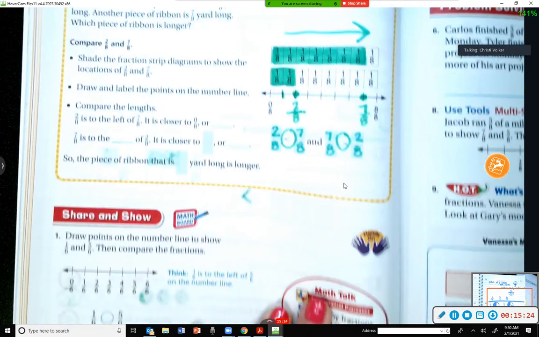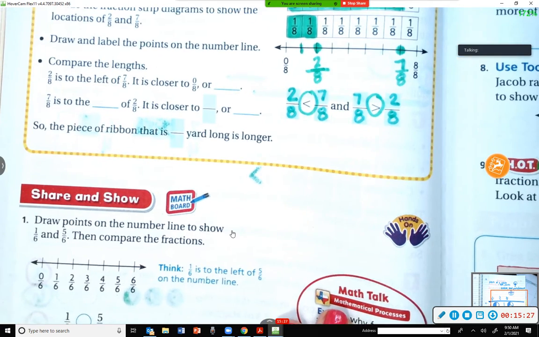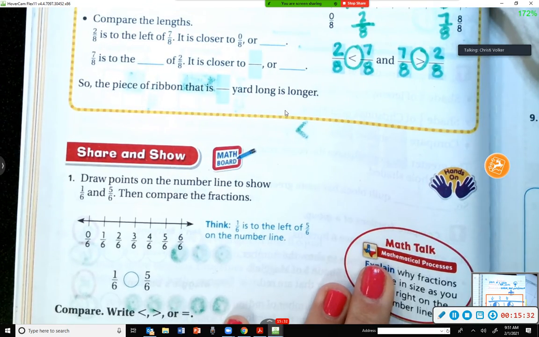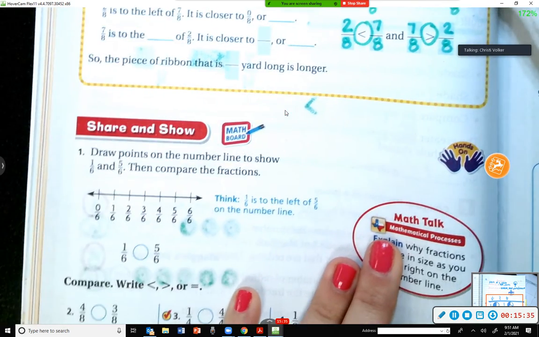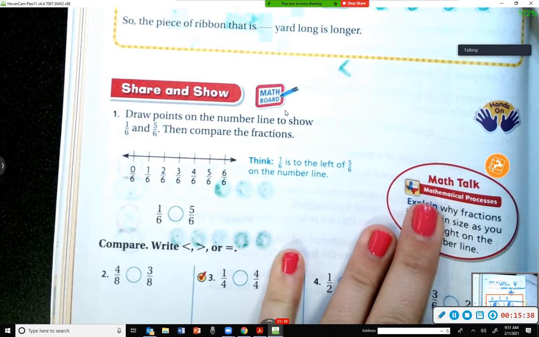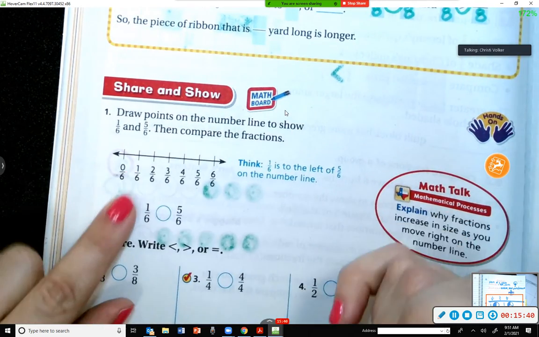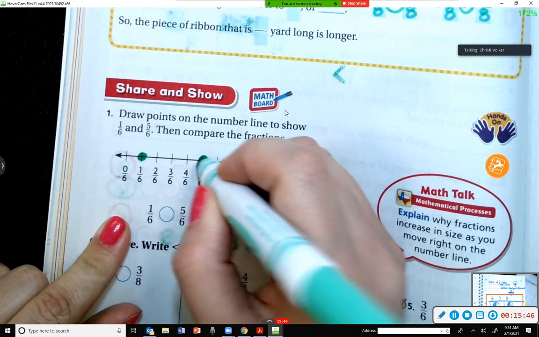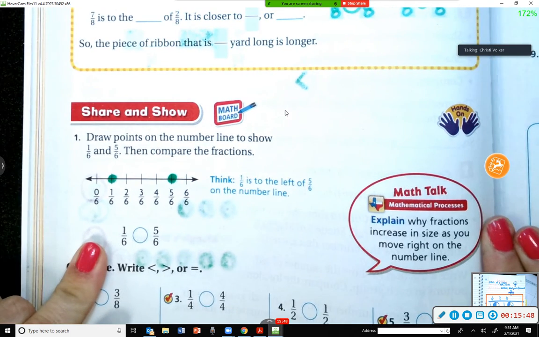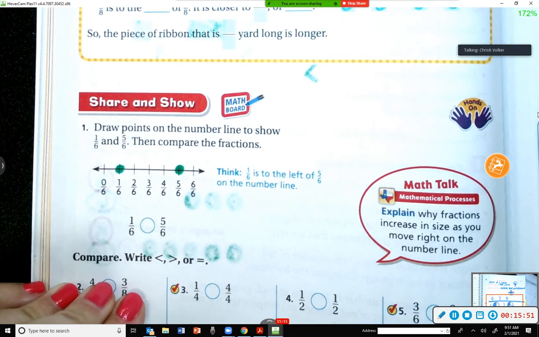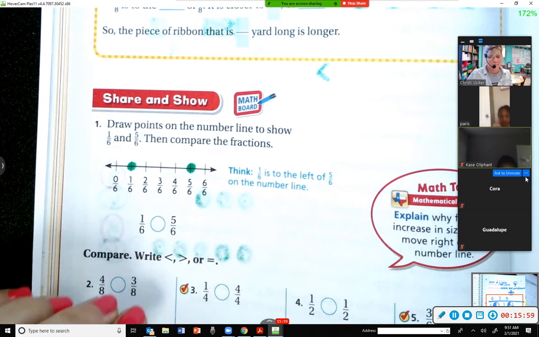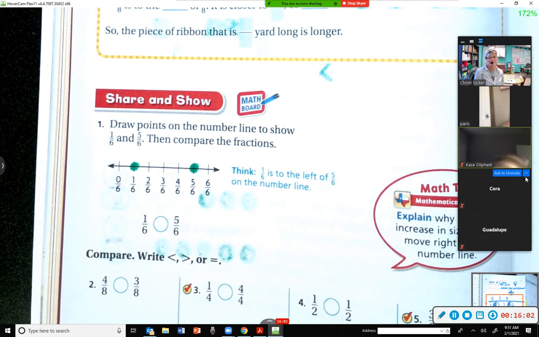Okay, let's go to number 1. It says draw points on the number line to show 1/6 and 5/6, then compare the fractions. So let's draw points for 1/6 and 5/6. Now, how would we compare these? Raise your hand if you know. Kelsey?